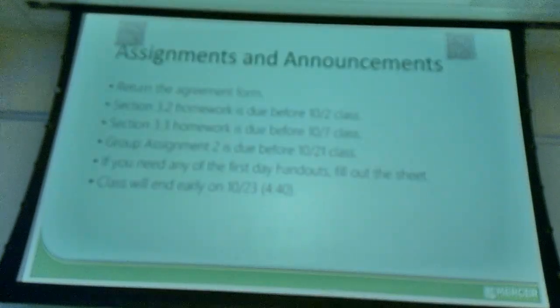Your second group assignment's available now. I don't know if you're able to do it yet. I think you need at least chain rule. Oh wait, that's right, because I'm also going to have you do trig function.